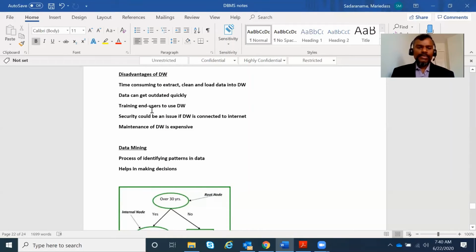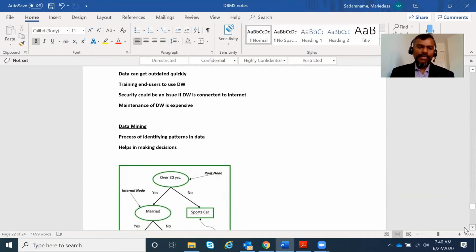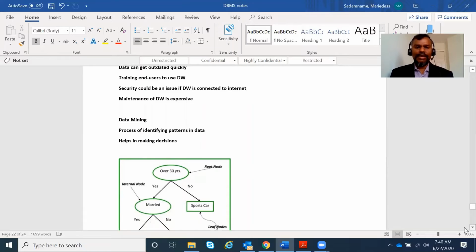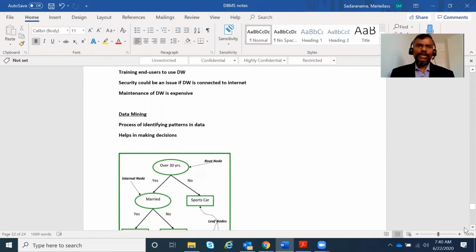And then training the end users to use data warehouse may be a little difficult. If I'm a new person starting to use data warehouse, it is difficult for me to understand what is all this data, okay? And security could be an issue because the real-time database or data warehouse and your integrated data warehouse are on the internet. Anything on the internet is always risk prone, right?